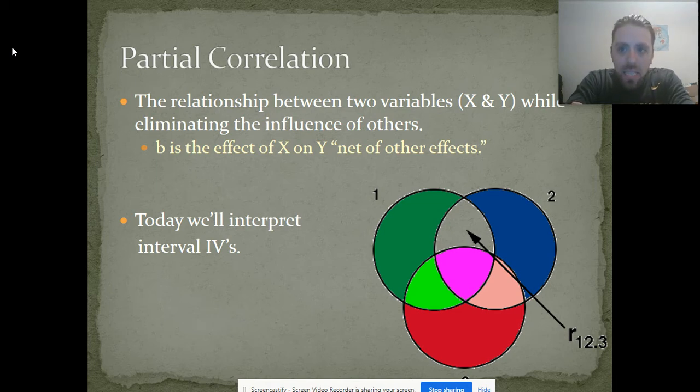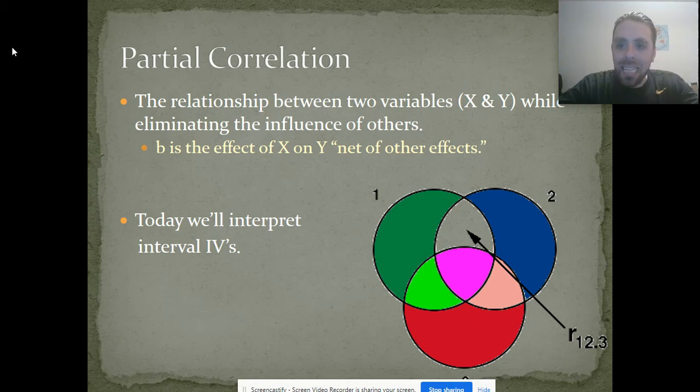I mean, what's the effect of education on income over and above what the effect of sex is? And vice versa. What is the effect of sex on income over and above the influence of years of education? The terminology that I want you to get comfortable using here is net of other effects.